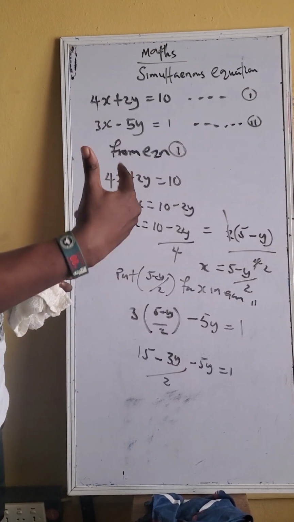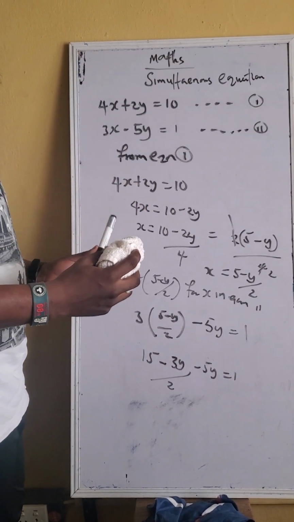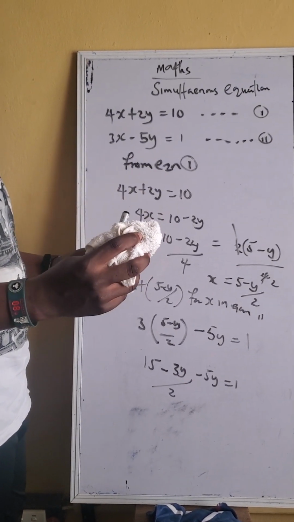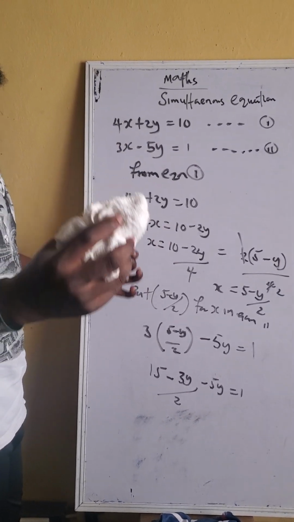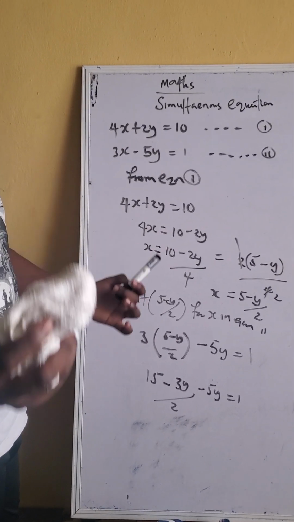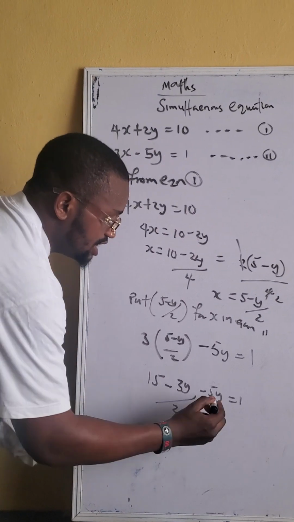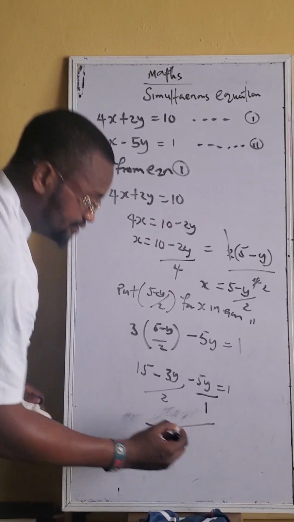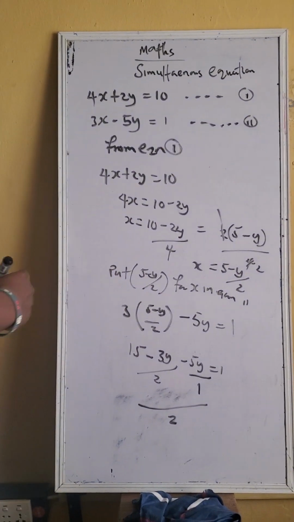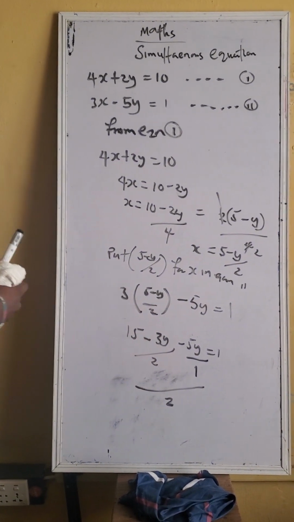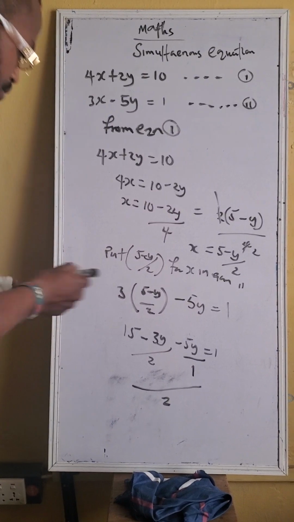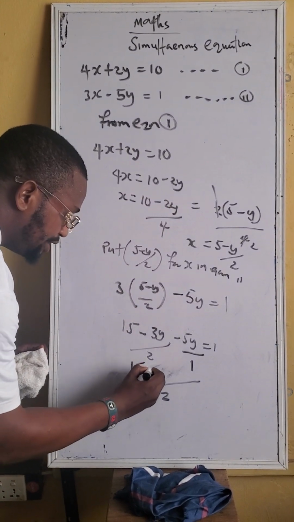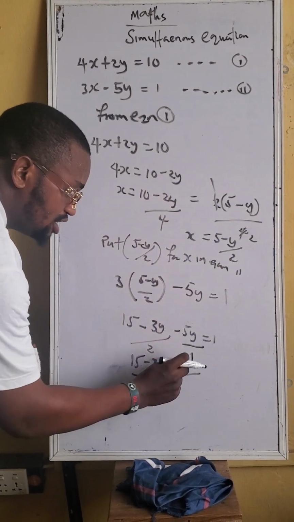So anytime a particular number is standing on its own and is not regarded as a fraction, you can make it a fraction by dividing it by 1. So we can say divided by 1. Then we make an LCM, making 2 the factor. Now 2 in 2 would give you 1, which would give you 15 minus 3y. Then 2 in 1 is 2.